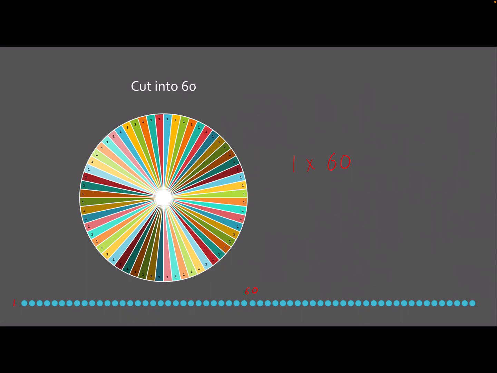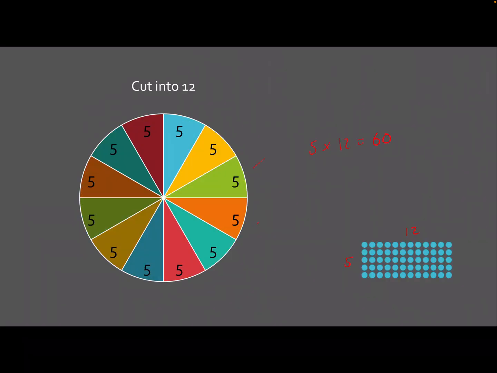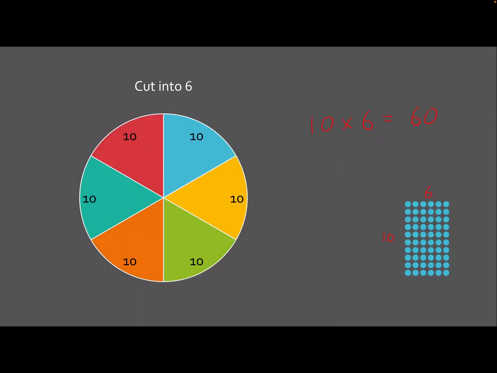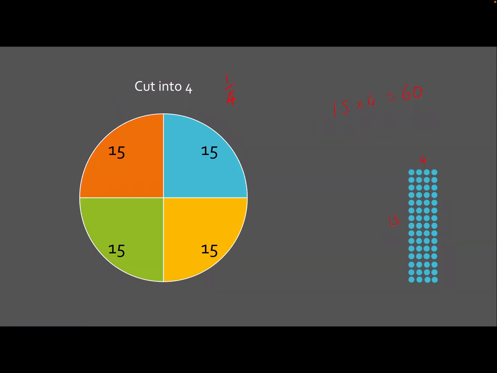So I might say, I've spent 10 minutes doing something, how much is left? And you need to count the rest, 5, 10, 15, 20, 25, 30, 35, 40, 45, 50. This would be an easy one to do. Or I might say, you spent 50 minutes doing it. How much is left? 10 minutes.